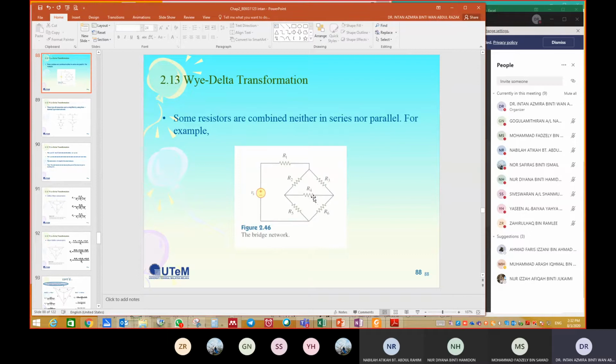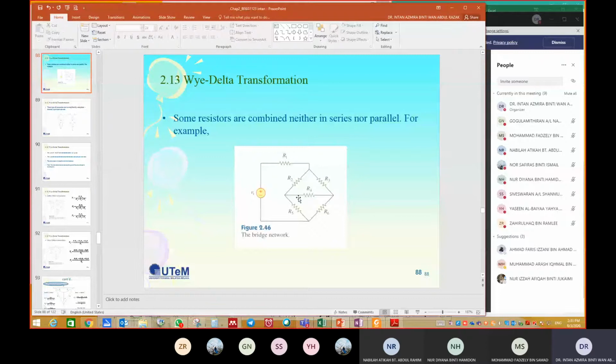Not in series and not in parallel. R4, R5 and R6 are also not connected in series and not connected in parallel. So we can solve the equivalent resistance for R2, R3, R4 by transforming this to Y-delta or delta-Y.